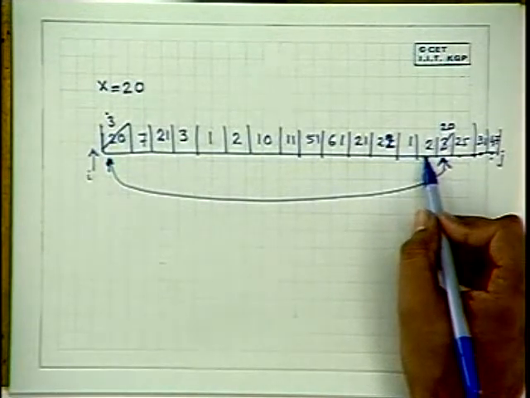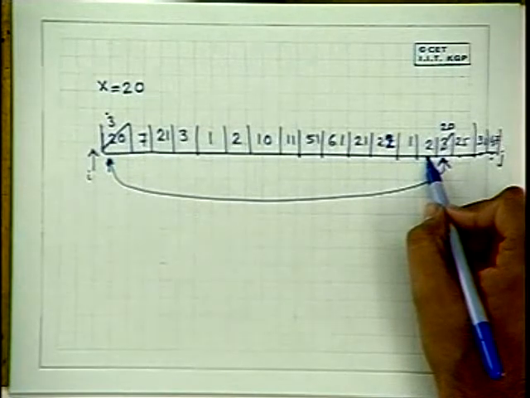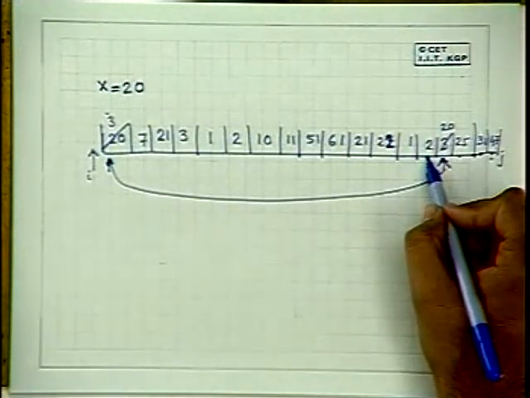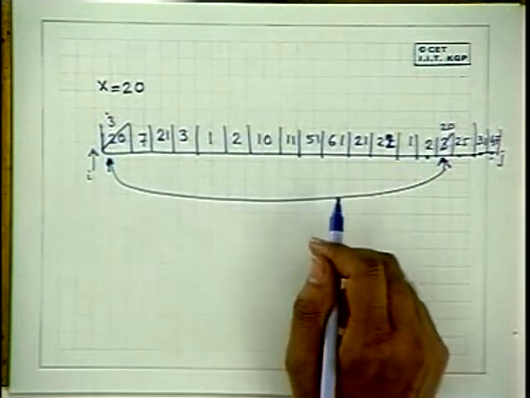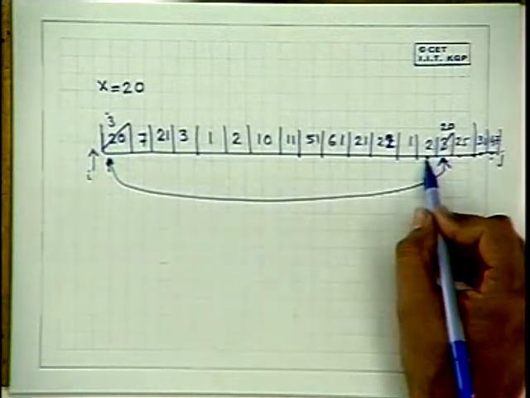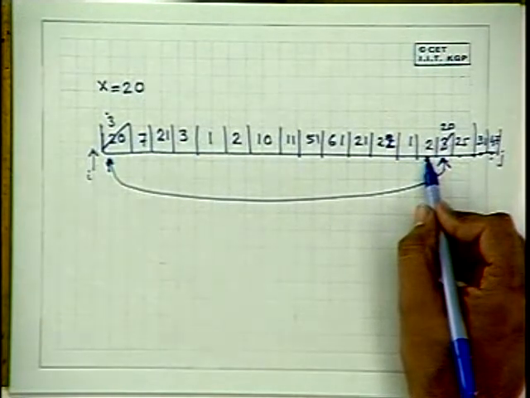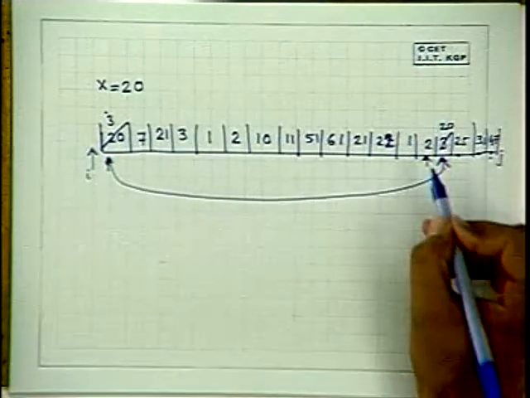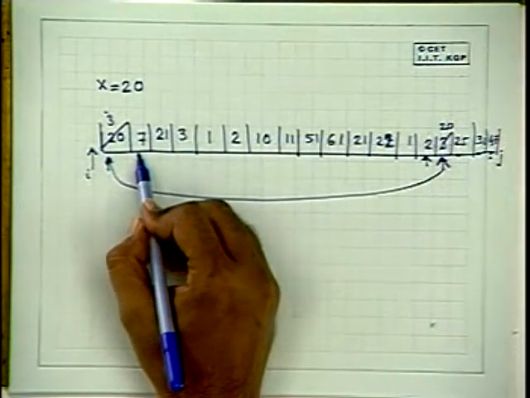J is decreased and the very first one is 2. Sir, doesn't it consider 20 again? Let's see what it will do. Right now it is the pointer j. So j is decreased by 1 and 2 is less than 20, so it will stop here. Now I is equal to I plus 1, it goes immediately to 7.